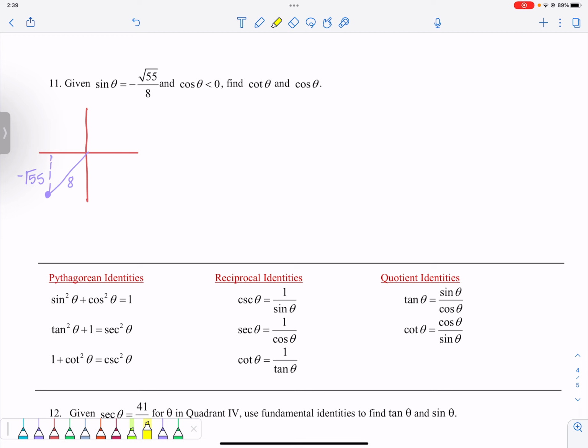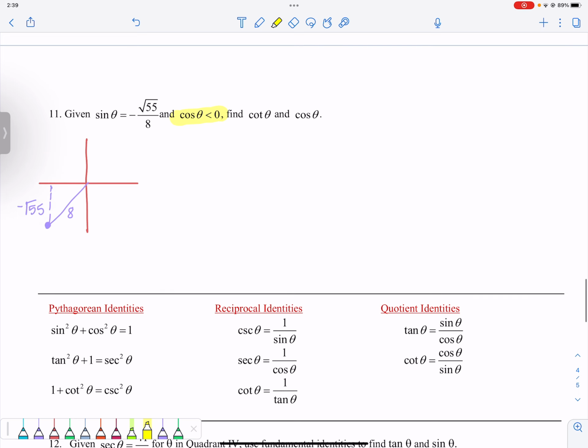Now, why did I choose that? Because what do you notice? We're looking for where the cosine is negative. And the cosine is negative in quadrants 2 and 3. But because we have the opposite, a negative root 55, we know we're going to be in quadrant 3. So actually, we could write both of these things out.